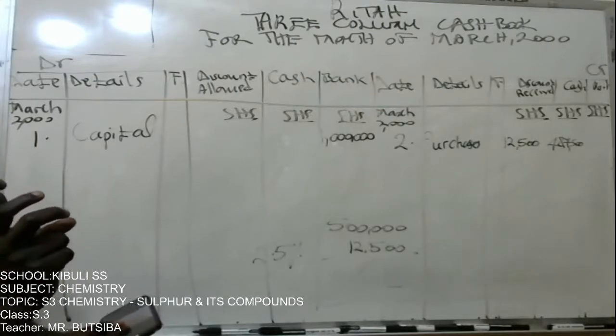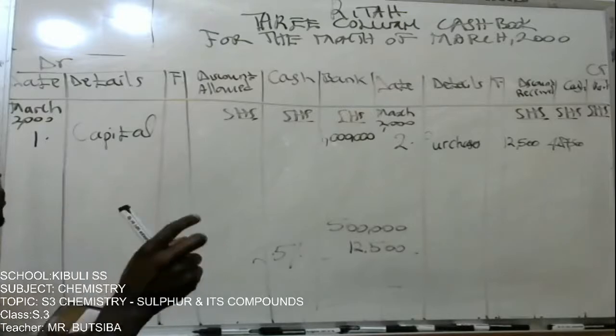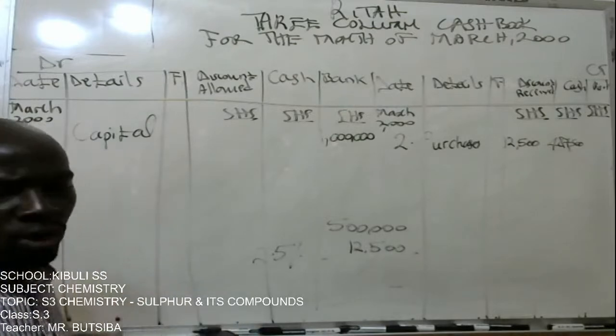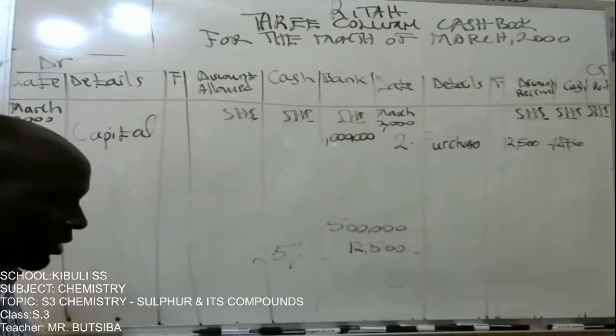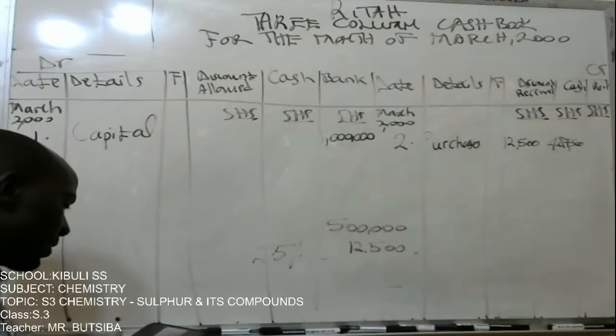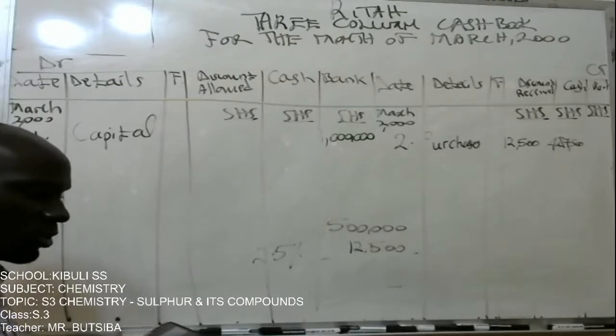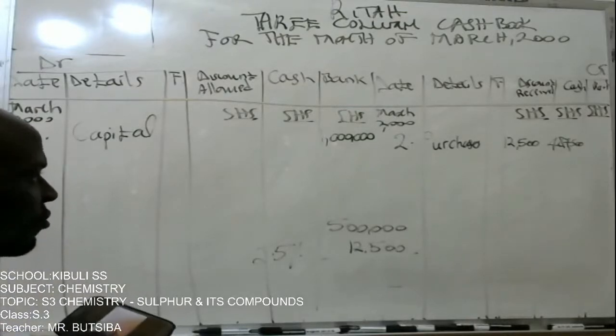So which name are we recording in our details column? Are we recording sales or are we recording Waswa? Class, who can give us the answer? Which respective account is affected in this transaction?